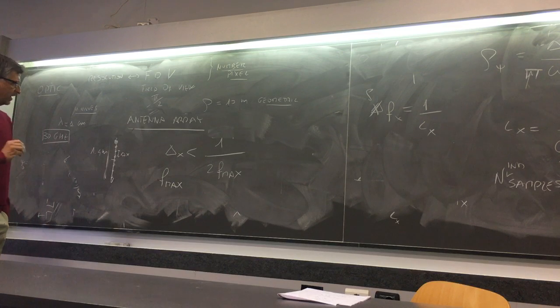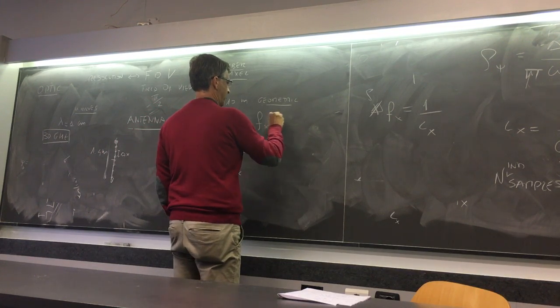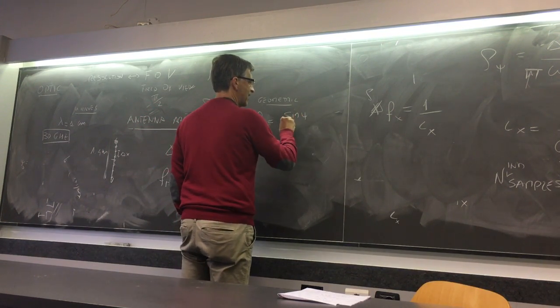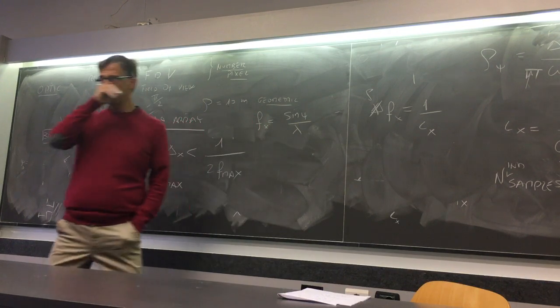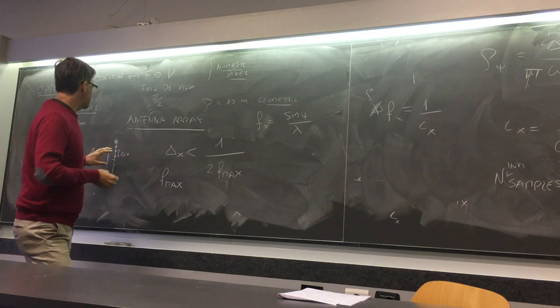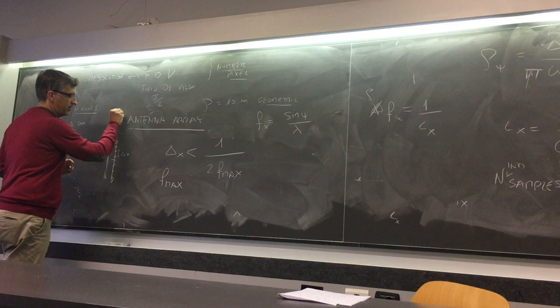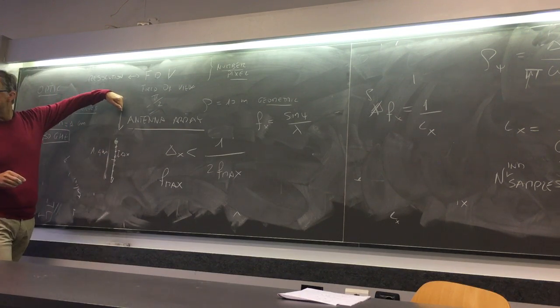Okay, now you can consider that the frequency is related to the angle by this. Then you consider two cases. One, where you say whatever the signal, the highest frequency is obviously this one.